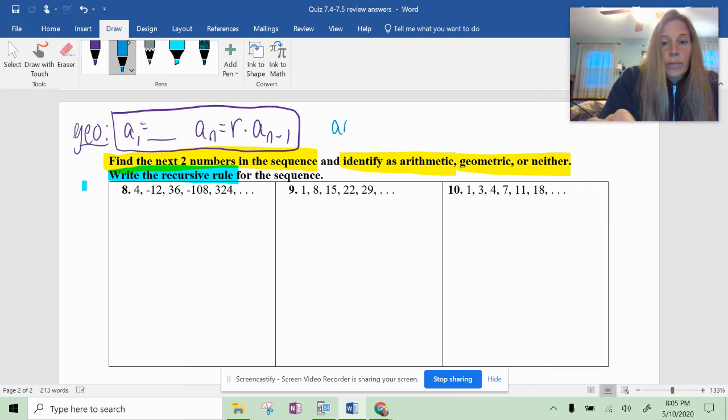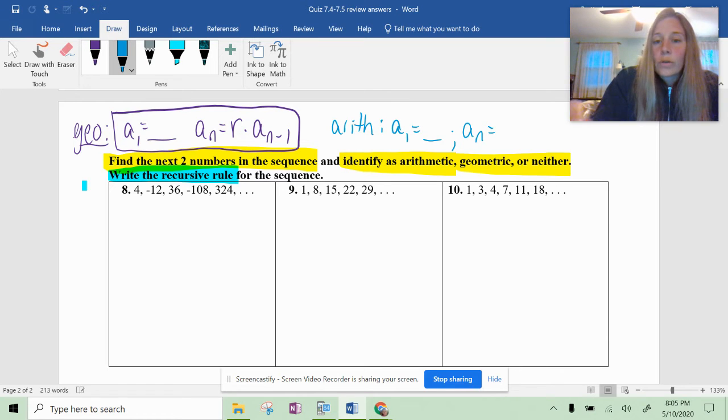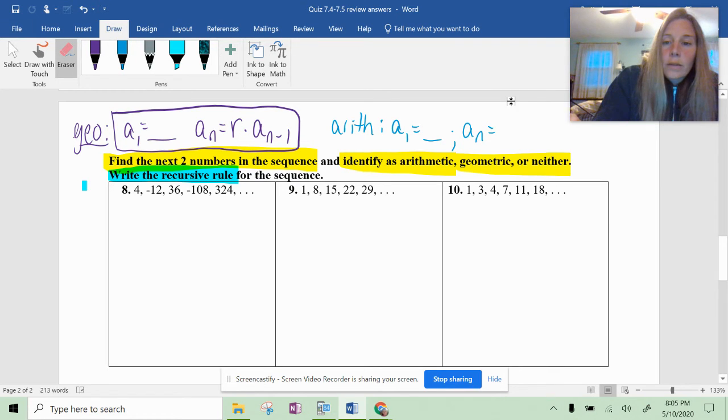Okay, for arithmetic, again, you need that a sub 1, whatever that is. And then you're going to have a sub n equals a sub n minus 1 plus d.